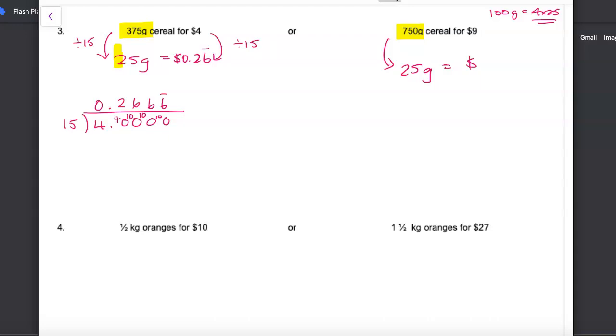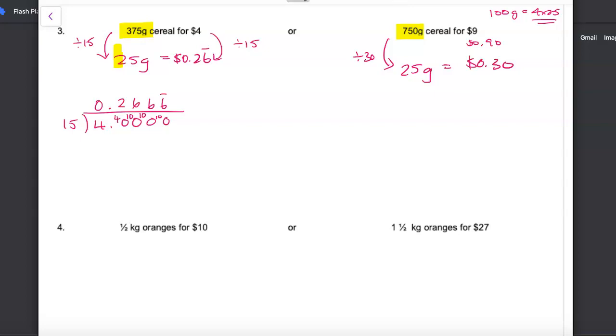So that's going to be dividing by 30. So what we could do here is divide by 10 first and then divide by 3. So we've got $9, which we could divide by 10 first, which would be 90 cents. And then dividing by 3 would leave us with 30 cents.